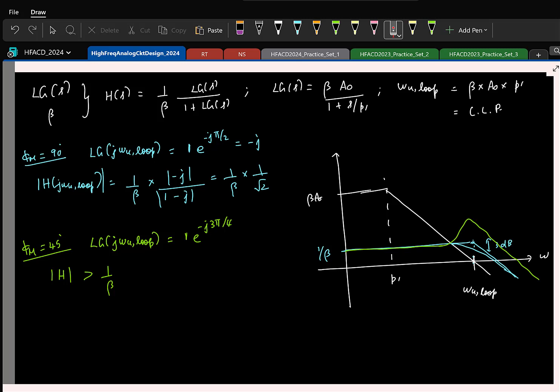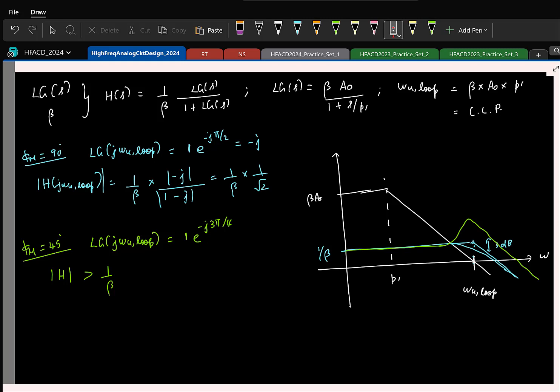So this entire business of saying that the closed loop bandwidth is approximately equal to the unity loop gain frequency is valid only if the phase margin is exactly 90 degrees. If you want to approximate it as the unity loop gain frequency, the phase margin has to be very high. If it's 90, this is exact. If it is not 90, it is approximate. Now it depends on how much you want to approximate.